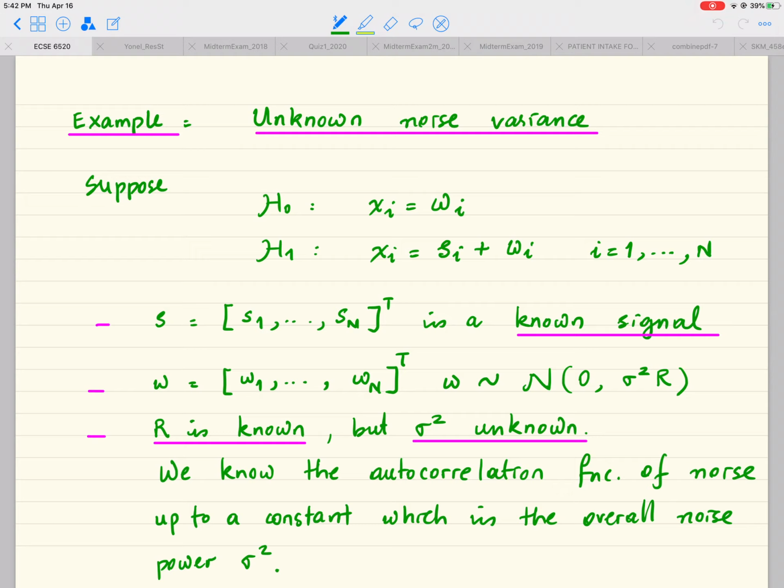We assume that the noise is zero mean, and its covariance is R times sigma square. We know R, but we don't know sigma square. In other words, we know the autocorrelation function up to a constant, and that sigma square essentially represents the energy of the noise, or noise power.